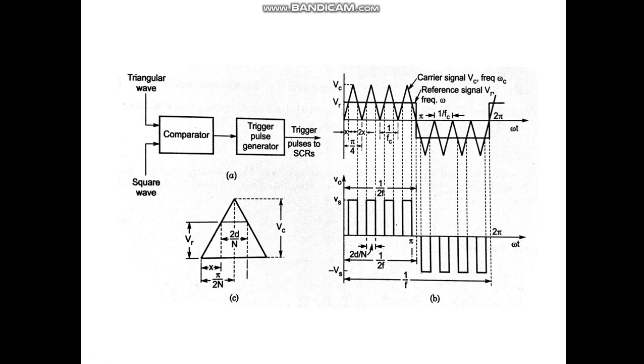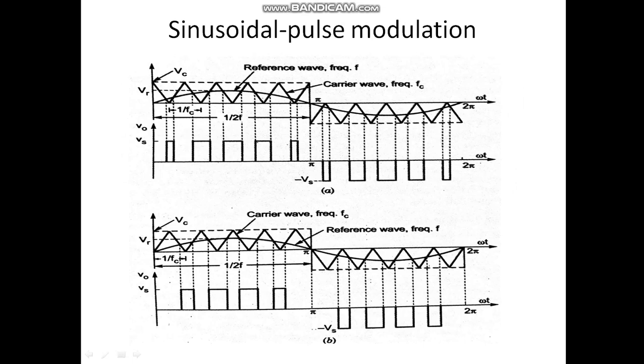In multiple pulse width modulation, the main advantage is that the distortion factor is reduced compared to single pulse modulation, and the disadvantage is that the control scheme is a bit complicated. The remaining Fourier analysis you can apply on the same line as in single pulse modulation. This is our multiple pulse modulation.